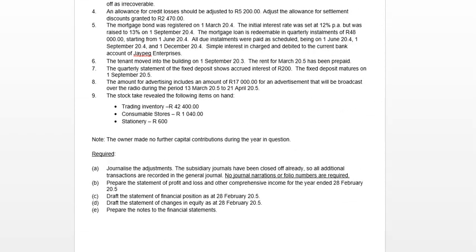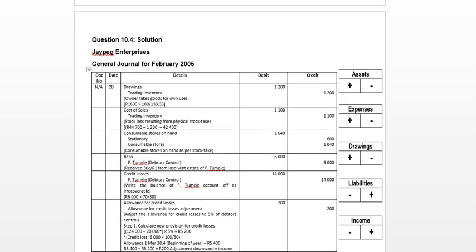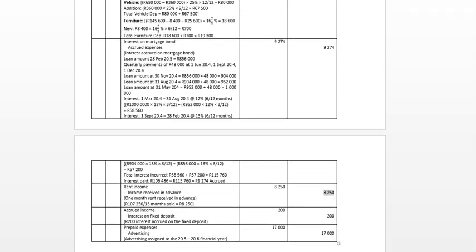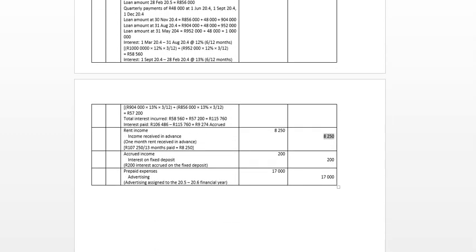Okay, so next we have our quarterly statement of the fixed deposit, which shows accrued interest of 200 Rand. The fixed deposit matures on the 1st of September 2005. So we have our fixed deposit and it earns interest, but we still need to receive 200 Rand interest on this fixed deposit.